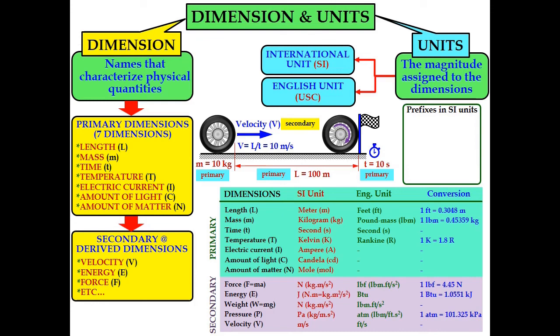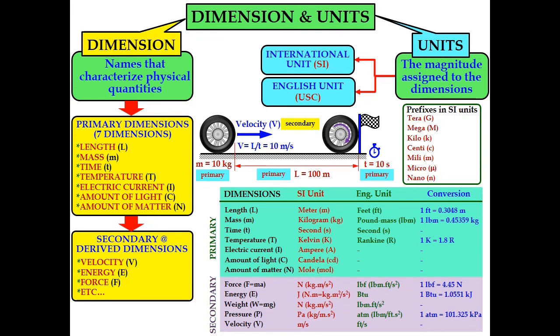Okay, so about the prefix in SI unit. A prefix is normally used for a very big number of a certain dimension, or a very small value of a specific dimension. We can use a prefix to simplify or shorten the numbers of the individual dimension.